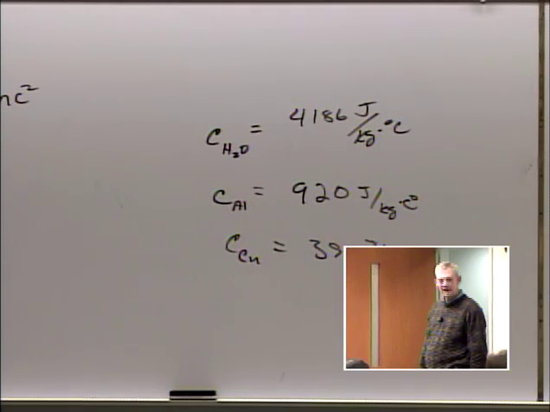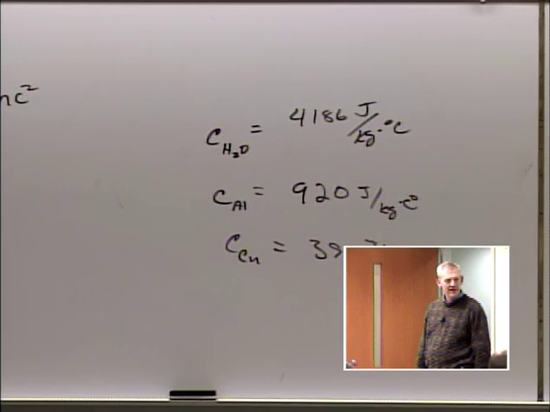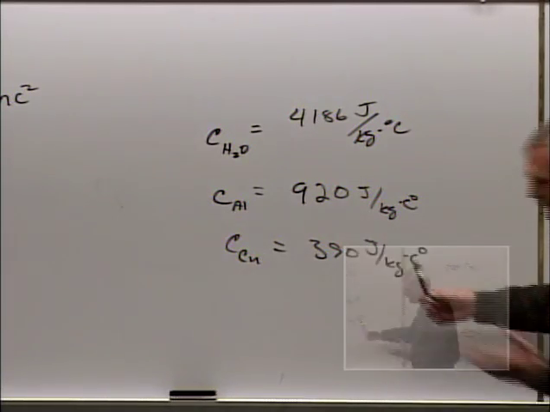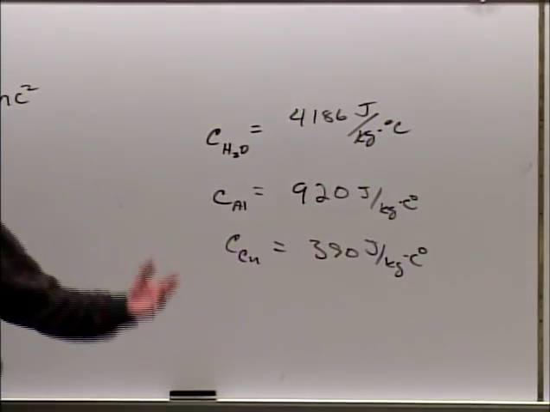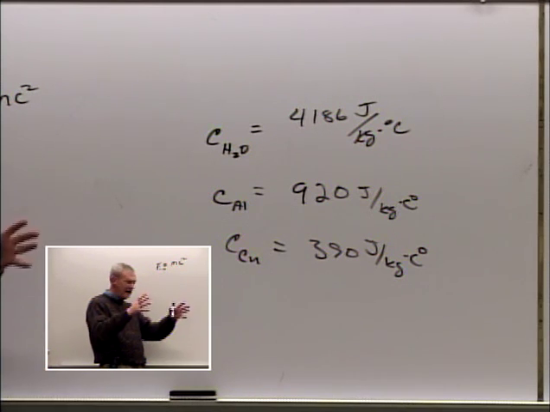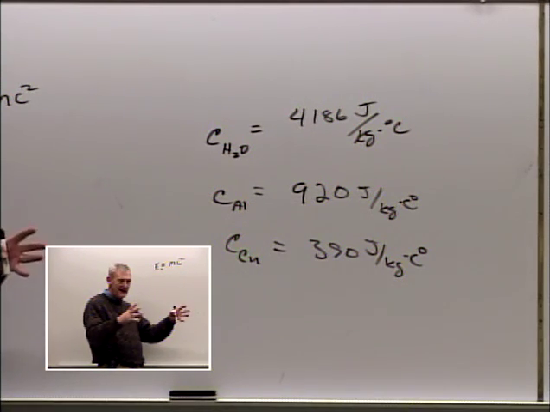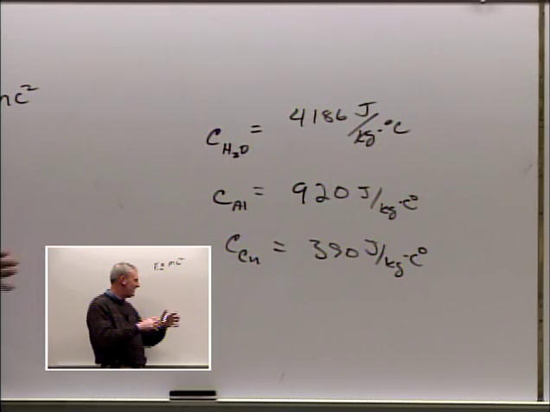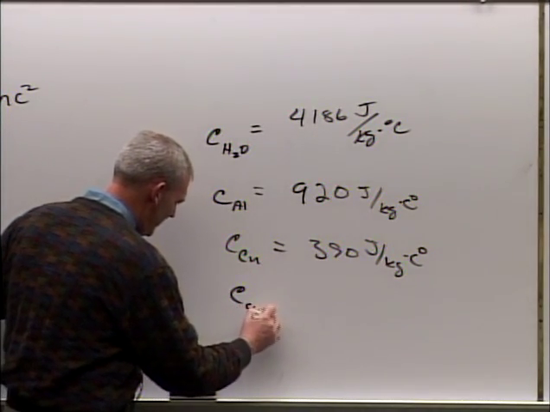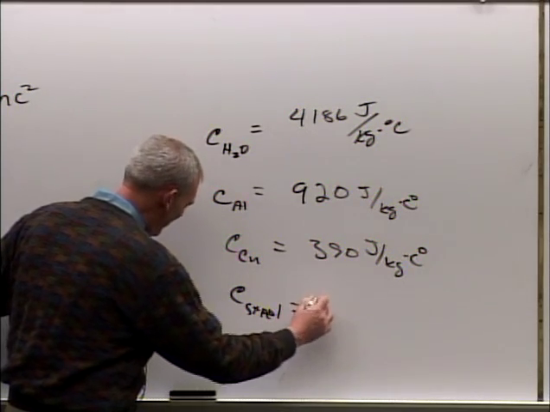Yeah, the copper, because it's got the smallest specific heat. That is why on nice fancy pots and pans, they've got a copper bottom. They've got aluminum sides maybe, or stainless steel. The C for stainless steel is around 1200, I think.